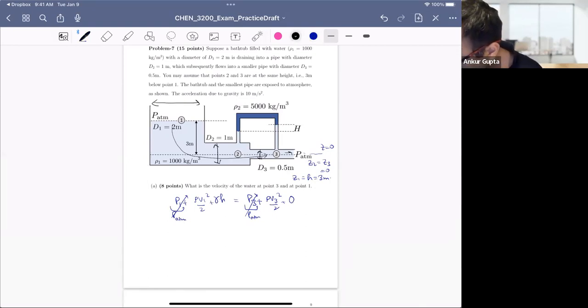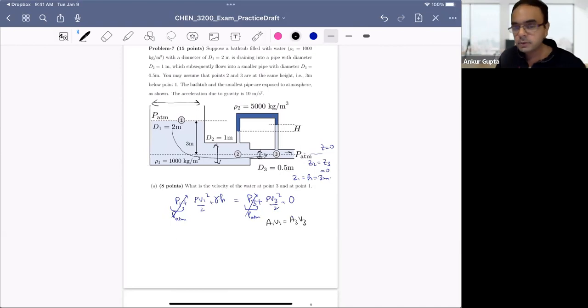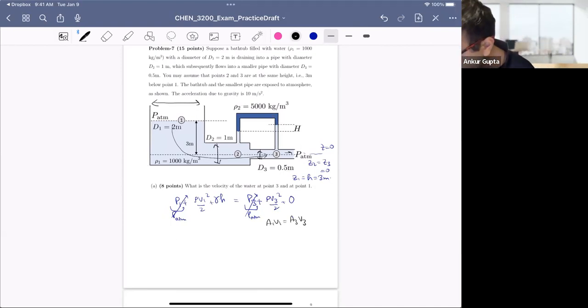We know that A1 V1 is equal to A3 V3, which is also equal to A2 V2 in this case, but we are still not at point 2. A1 V1 is equal to A3 V3. This is pi D1 square by 4 times V1 equals pi D3 square by 4 times V3.